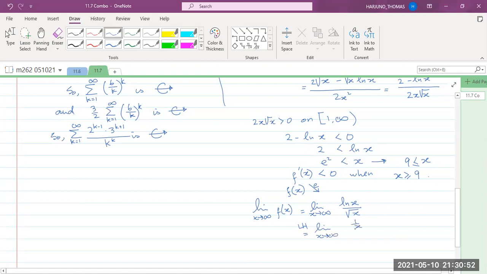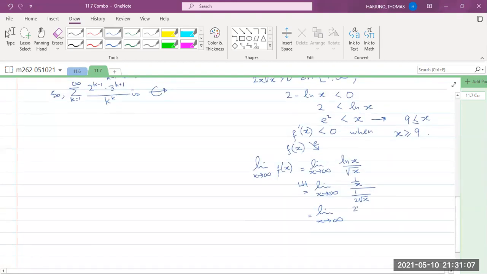It's 1 over x over 1 over 2 radical x, which will be 2 radical x over x.